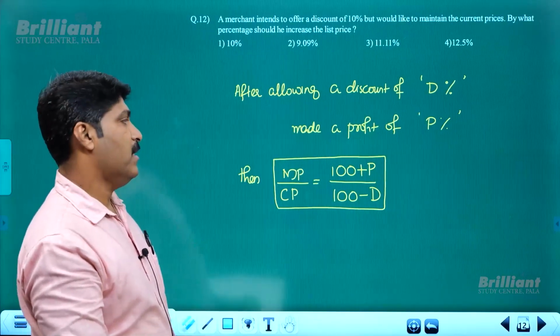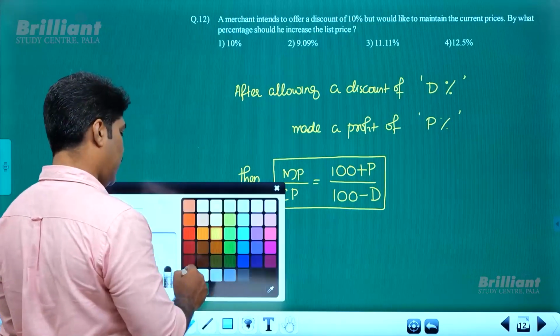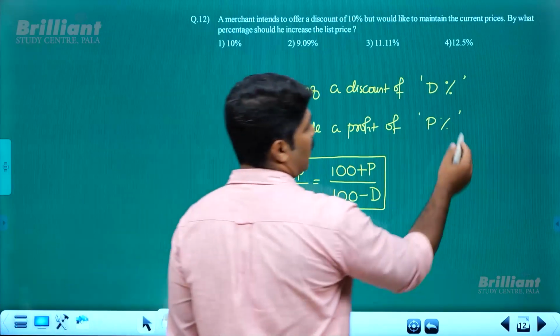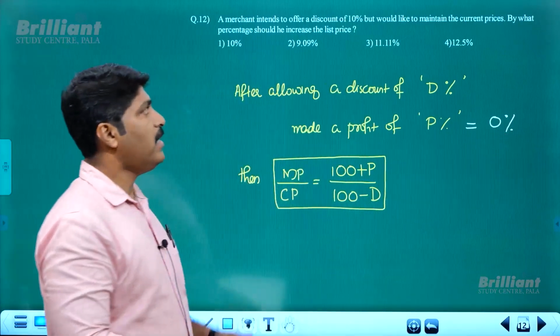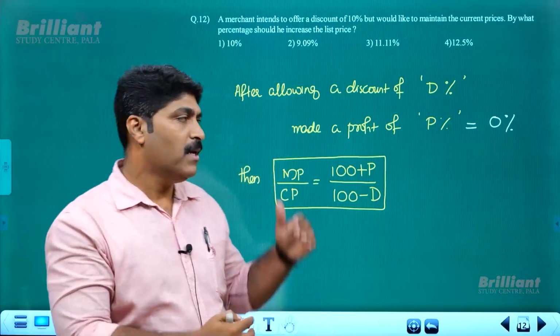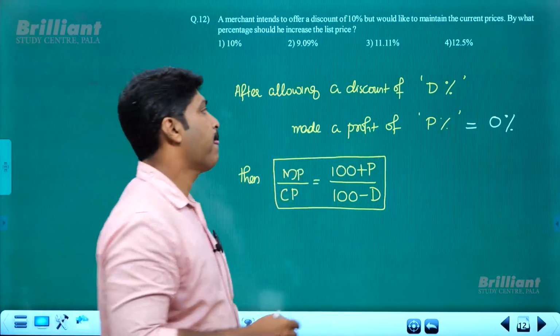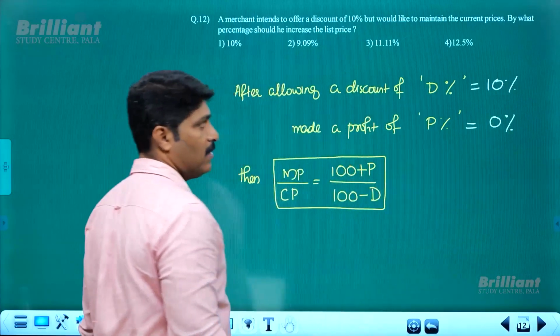In this case, we have to consider what is the profit percentage. In this case, the profit percentage is 0. Means actually he needs to keep the current price or maintain the current price, means there is not any profit or loss. Then what is the discount percentage here? That is 10%.